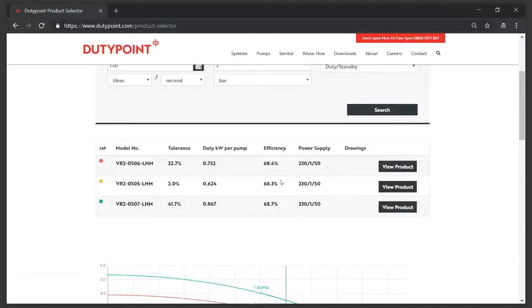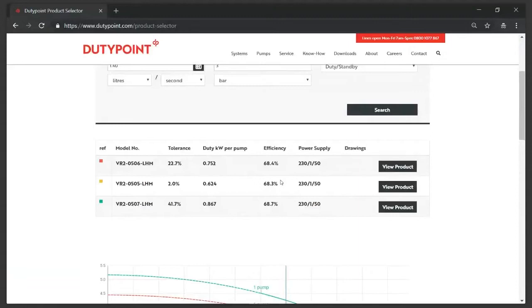Now, the P2 value tells you the amount of energy which exists at the pump's impeller when it's rotating. So the amount of energy that gets actually imparted to the water that is being pumped. The P1 value is how much energy you actually need to put into the pump in order for it to get that percentage out into the impeller and actually into the water.